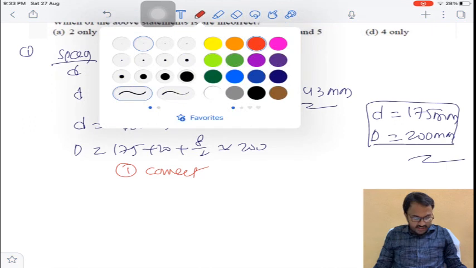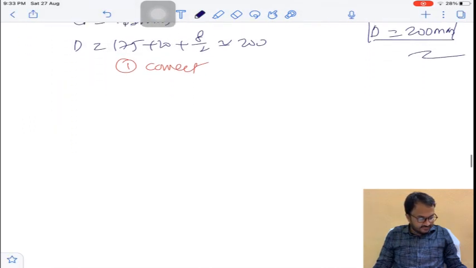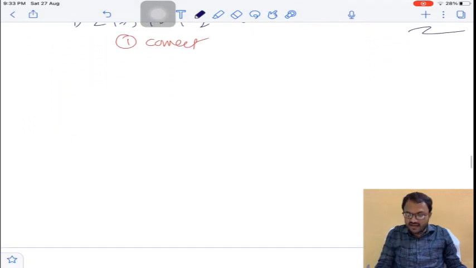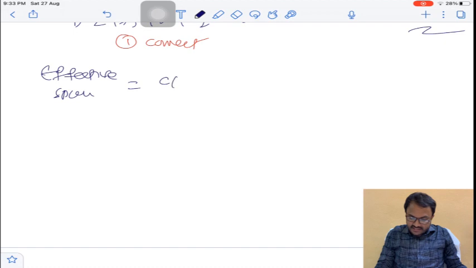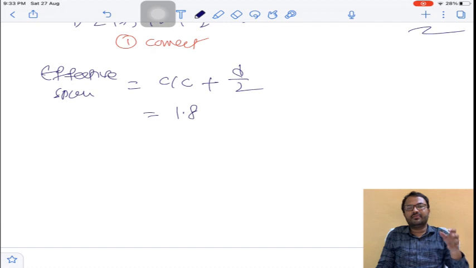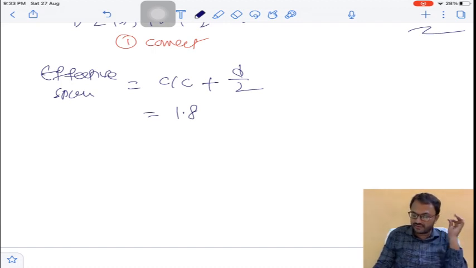Now coming to checking of second statement. Effective span is center to center distance, that is length, plus effective depth divided by 2 for cantilever portions. Center to center distance is 1.8, that is length of the overhang portion, plus 0.175 divided by 2, it will be 1.88.